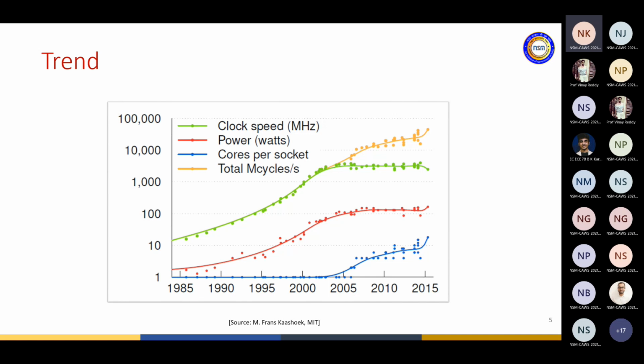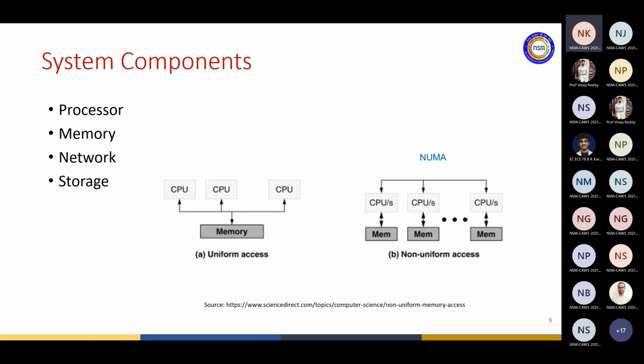So there are more and more cores in just one node, which makes the node pretty complex, and we'll look at some pictures. As you know, all you have are these main components. You have the processing unit, which does your computation. Then you have the memory, because you need to store the program and data and access the data. Program and data. And then you have the network.